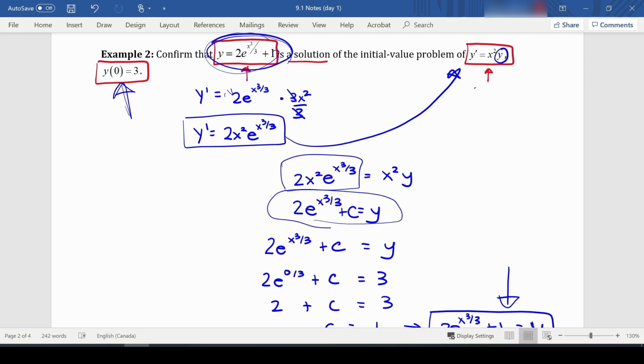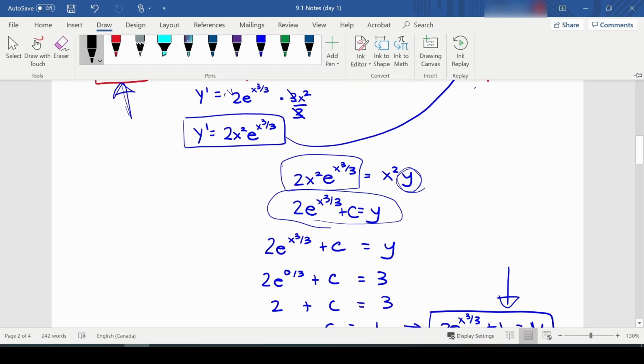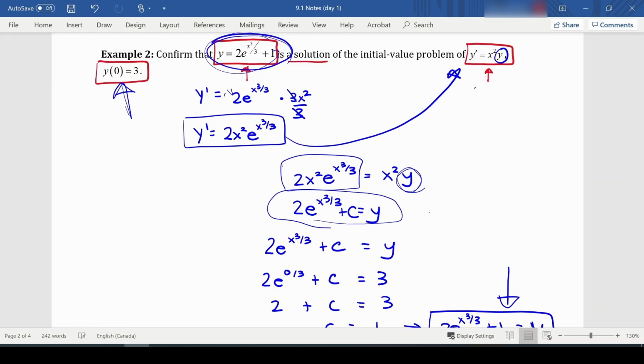Because we were given y here, we could have also just plugged y in on this side and worked our way out and made sure that the two sides were equal.